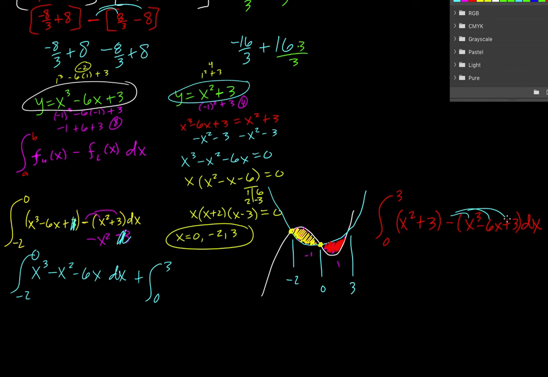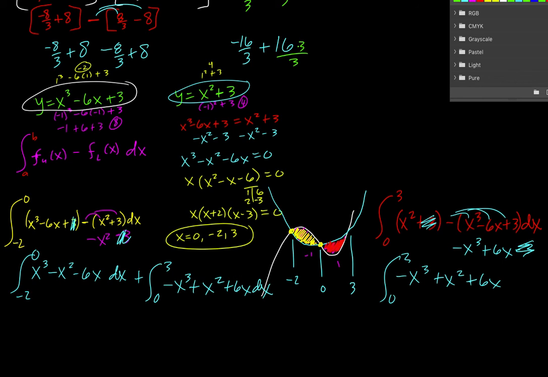I distribute this, and I get -x cubed plus 6x minus 3. Once again, this 3 and this -3 cancel, and we're left with -x cubed plus x squared plus 6x, from 0 to 3. I'm just going to transfer this over here, so we have one problem that we can focus on.